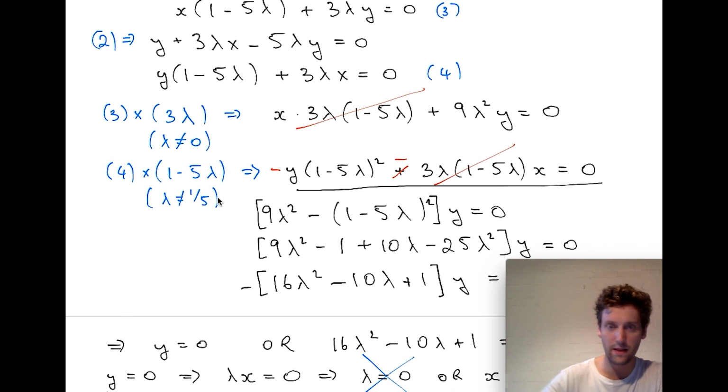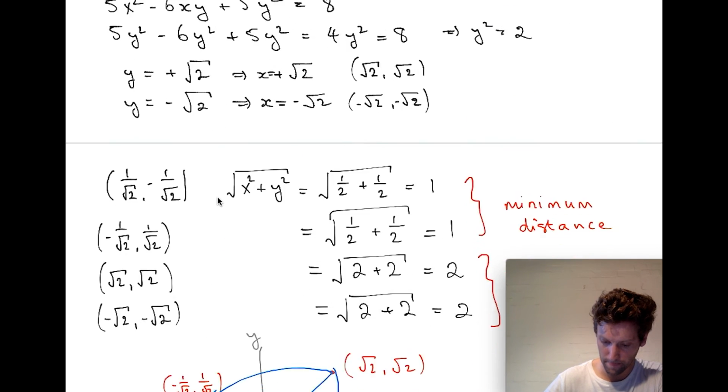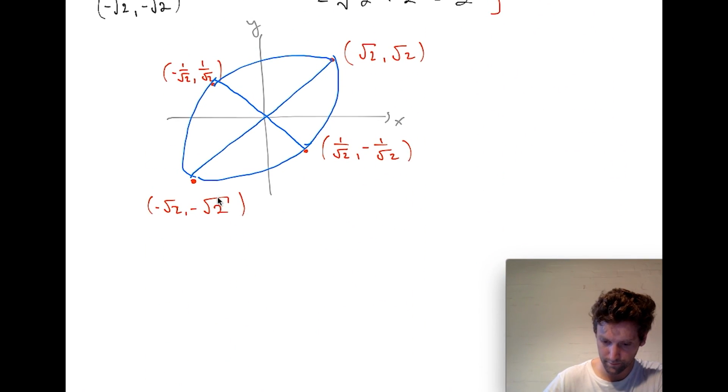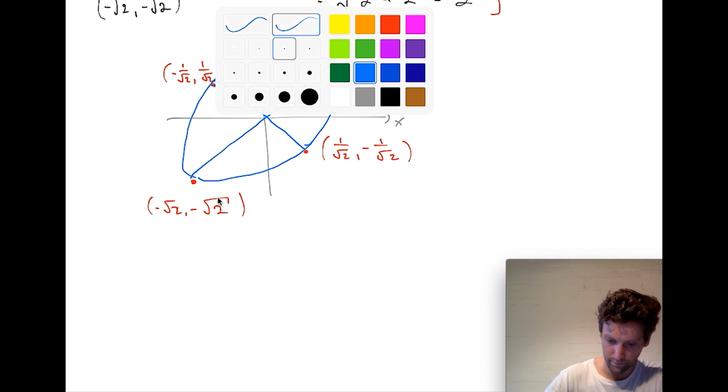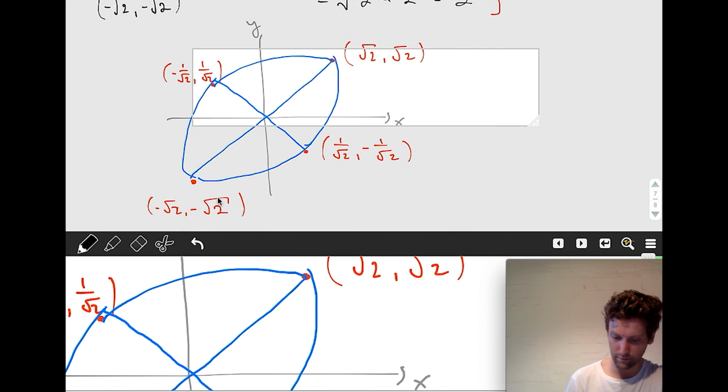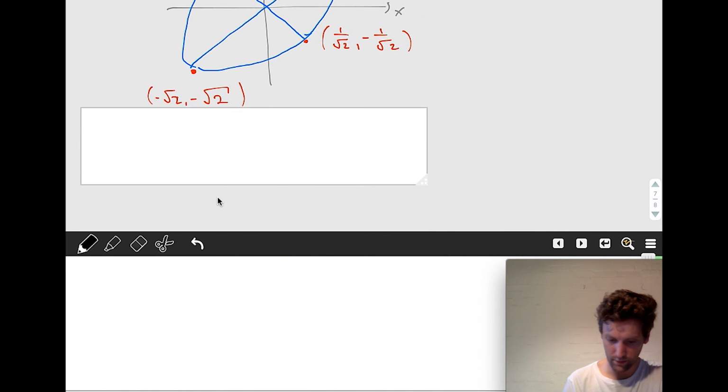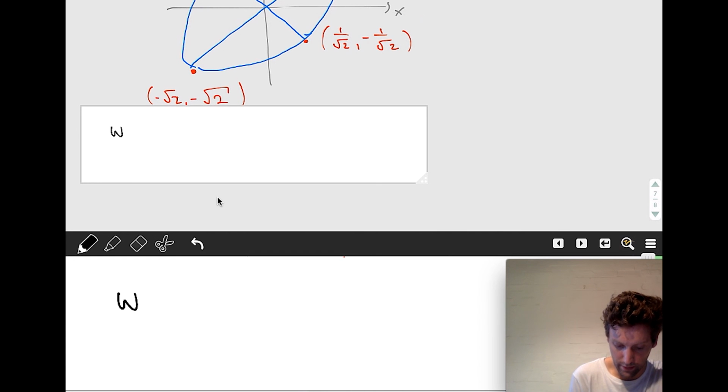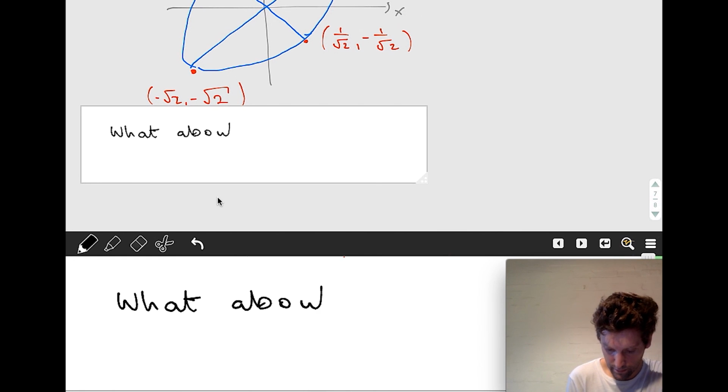So let's think about what would that imply if we were to substitute it into expression 4, for example. So the question we want to ask is, what about lambda is equal to 1/5?